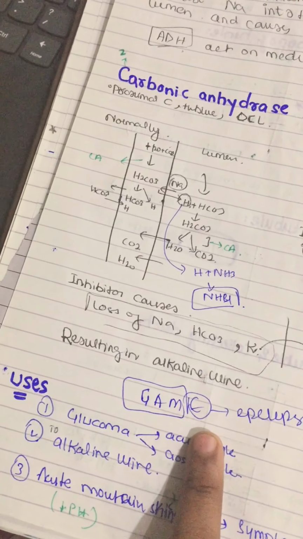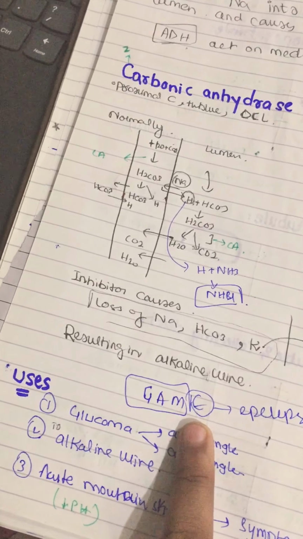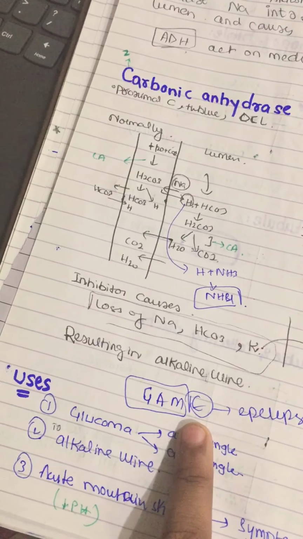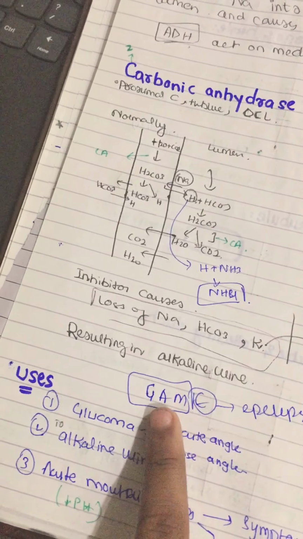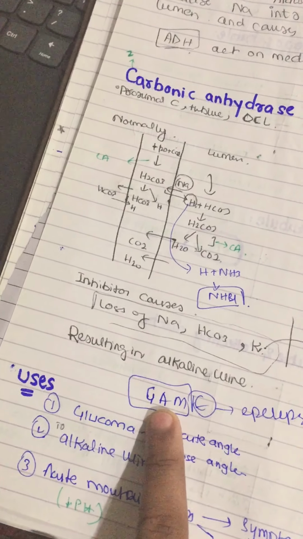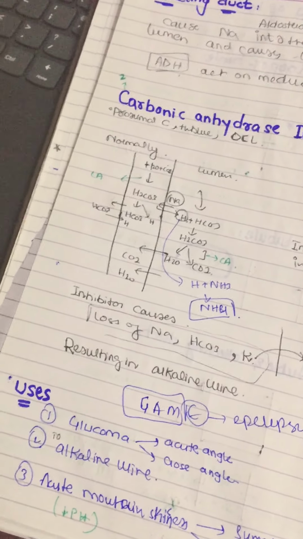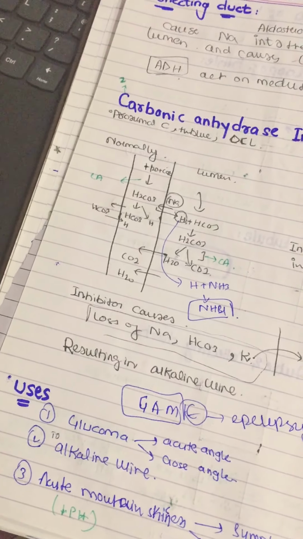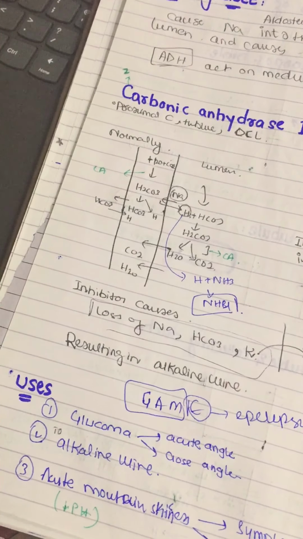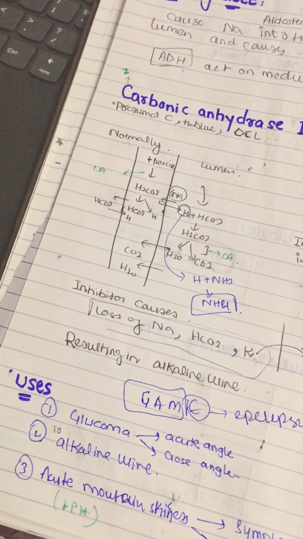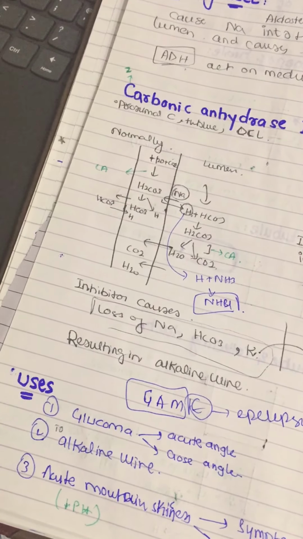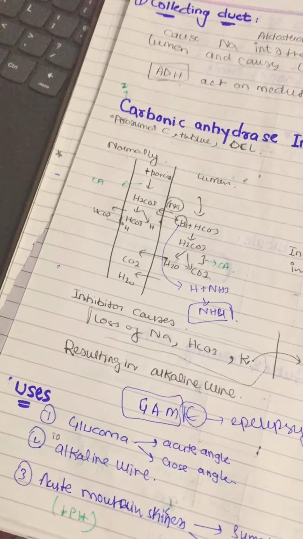E is epilepsy, and M is familial periodic paralysis. It's also used to make the urine alkaline, because if someone is having acidic urine or acid poisoning, we give the carbonic anhydrase inhibitor, which converts the urine into basic form.